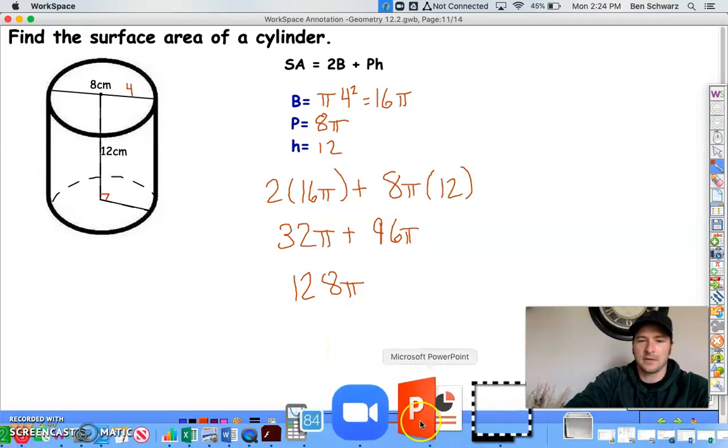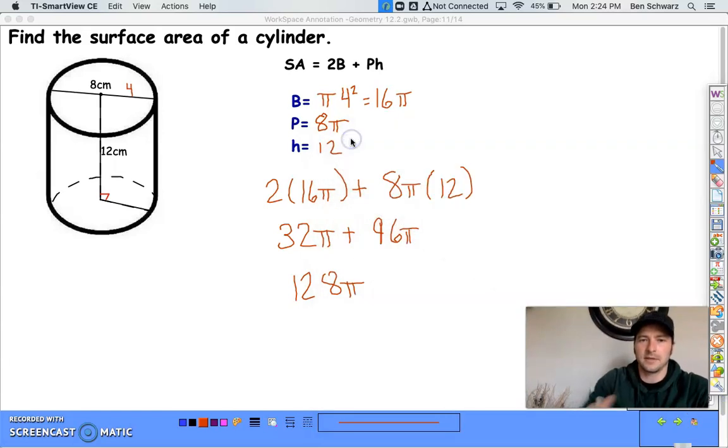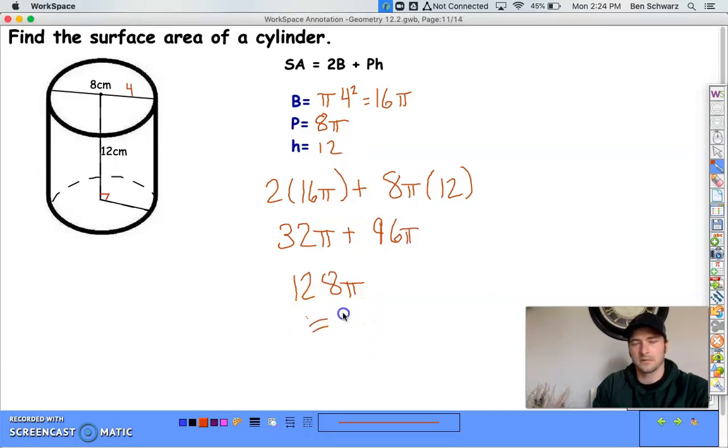So I'll grab my calculator here, and let's do 128 times pi. There we go. So we get about 402.1, and surface area, so centimeters squared, would be our units there.